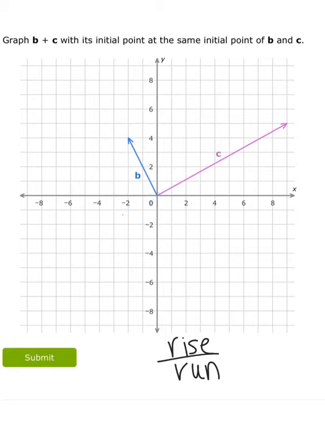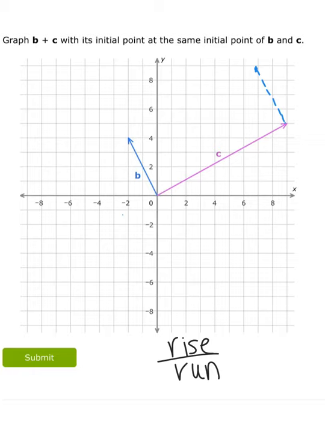I'm going to trace that other side with a dashed blue line. So I would need to make this line go down 4 over 2 and have the same length as vector B. You can tell by this dashed line, it has the same length and it's going down 4 over 2 from this terminal point of vector C.